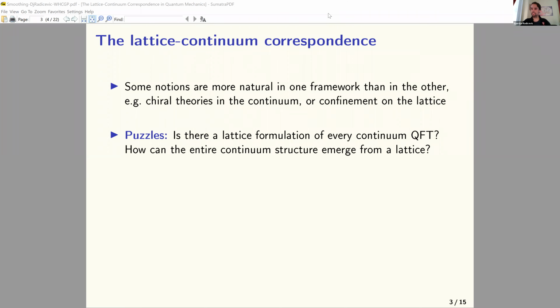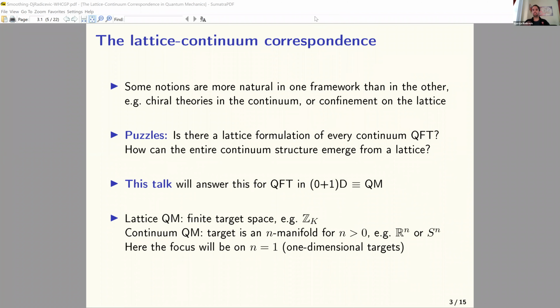So this is the kind of question I've been thinking about, and in this talk I want to essentially answer it in detail for quantum field theory in 0+1 dimensions, also known as quantum mechanics. So there are no spatial dimensions.